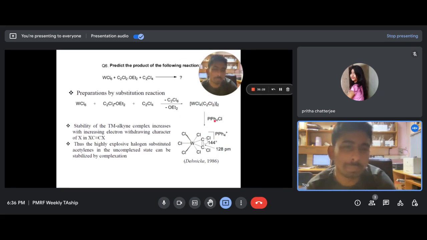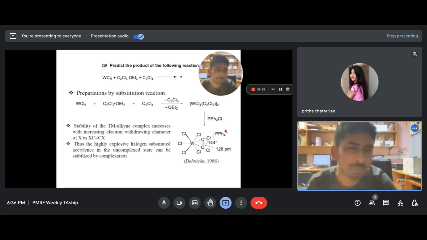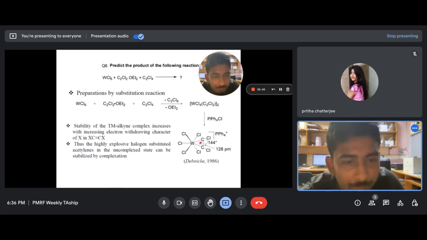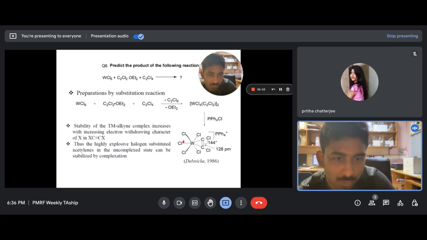When they are treating it with PPh4Cl, which is nothing but PPh4 plus and Cl minus, this PPh4 comes as the counter cation because this entire system is negatively charged. Here you can see C minus and C minus are there because they are bridging in nature, and they are having 5 Cl minus.